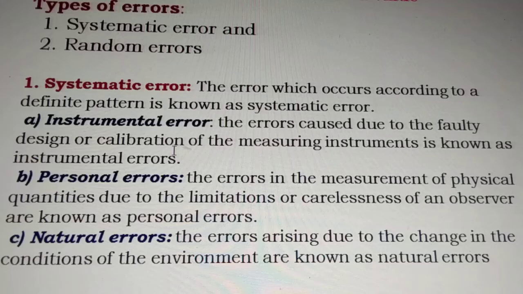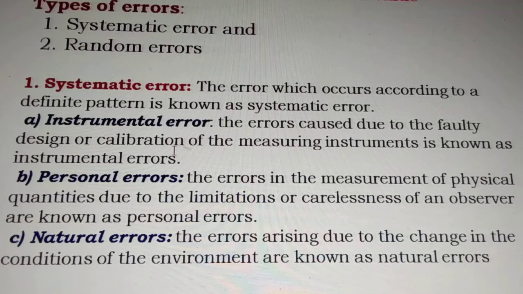If you do not count the proper oscillations, then it is termed as a personal error. Or while using a scale, we are not able to find the zero error of that instrument. So these are all termed as personal error. The mistake or error done by an observer is known as a personal error.